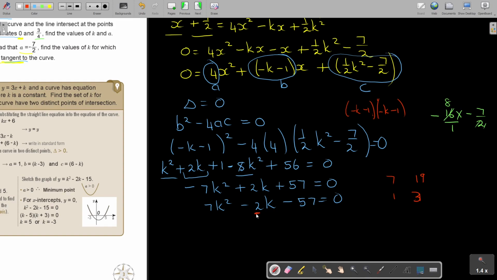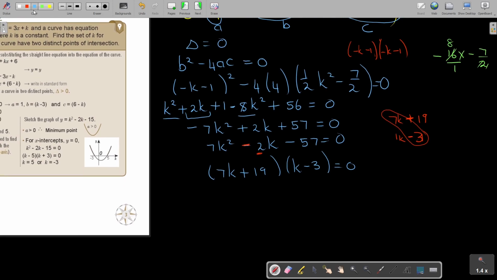And the biggest over-cross product, be careful, this is the biggest, that gets the negative sign, and this one gets a positive, and it's k. And then I'm going to say (7k plus 19)(k minus 3) is equal to 0.